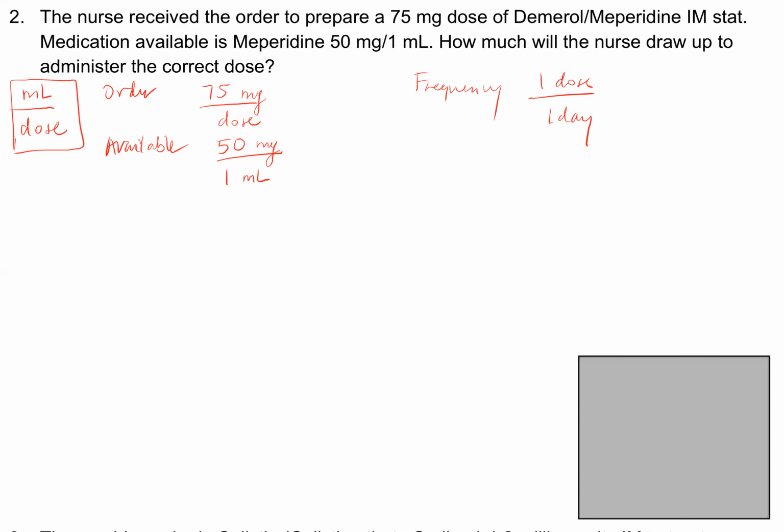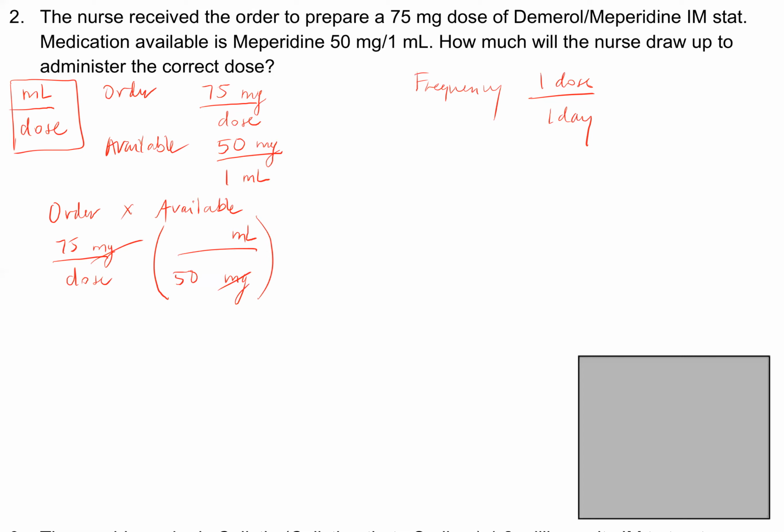So as you can see, we have mLs per dose, and we just want to cancel our milligrams. So we're going to go ahead and write down our equation. And you have 75 milligrams per dose. You want the milligram units to cancel, which means you want mLs on the numerator.